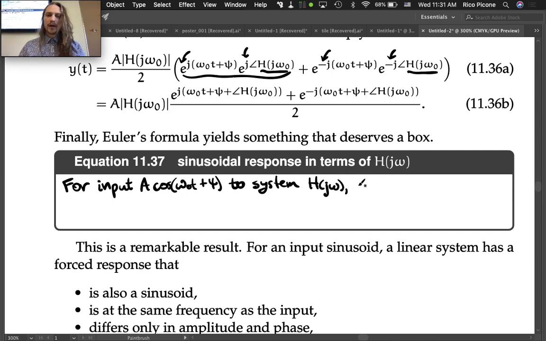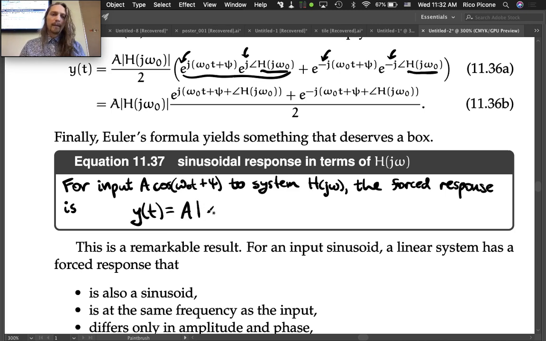The forced response is y of t equals the original amplitude multiplied by the magnitude of the frequency response function evaluated at the input frequency, right?